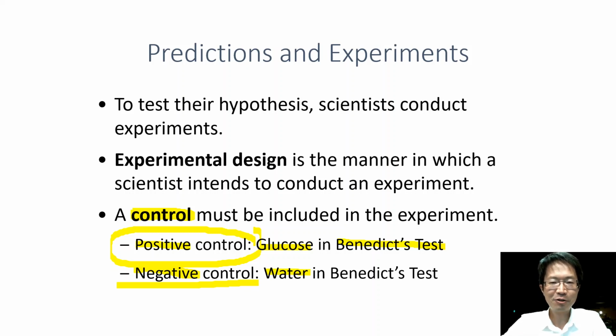On the other hand, if it looks like the water, the negative control, we conclude that the onion does not contain sugar. In other words, the positive and negative controls are for us to compare the results from the experimental group. In our lab, you will have more than one experimental group, but we will have positive and negative controls for you to compare.